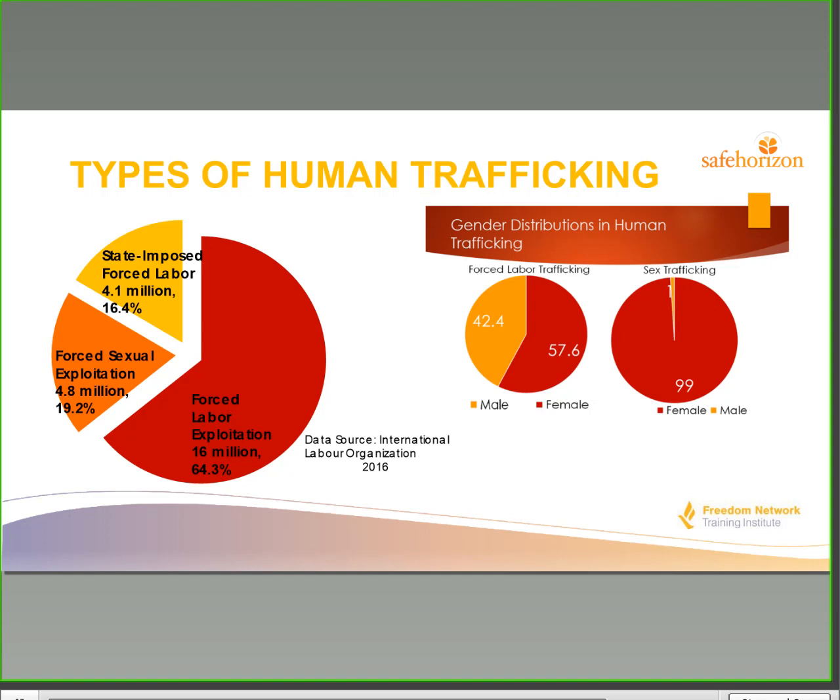And so we have here that 99% of reported sex trafficking victims were females. But again, we know that with reporting, particularly with men, particularly with young men of color, reporting tends to be significantly lower than other types of victims. And so it's important to keep in mind that sex trafficking is not just a female-identified crime. It's a crime that affects everyone.